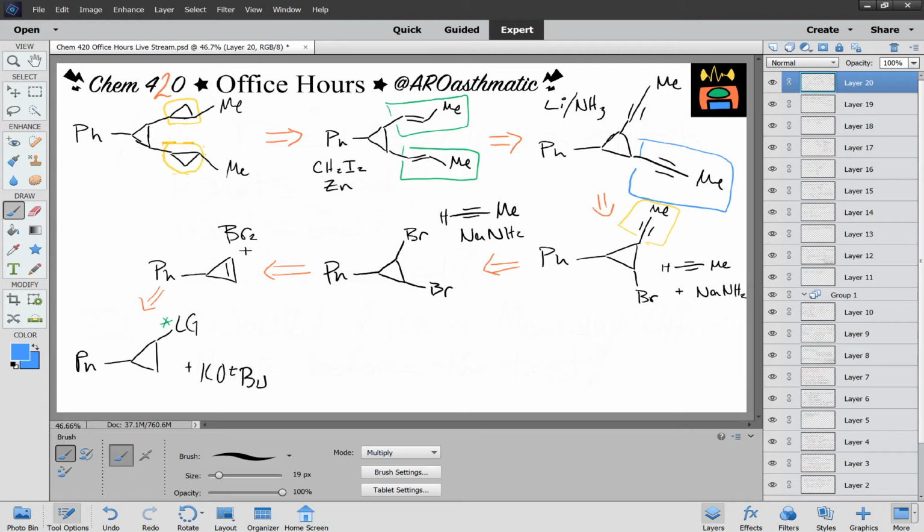If you haven't, then you can know that this problem would be beyond the scope of what you could be tested on, right? Because it involves reactions you haven't learned. But I'm going to show it to you.